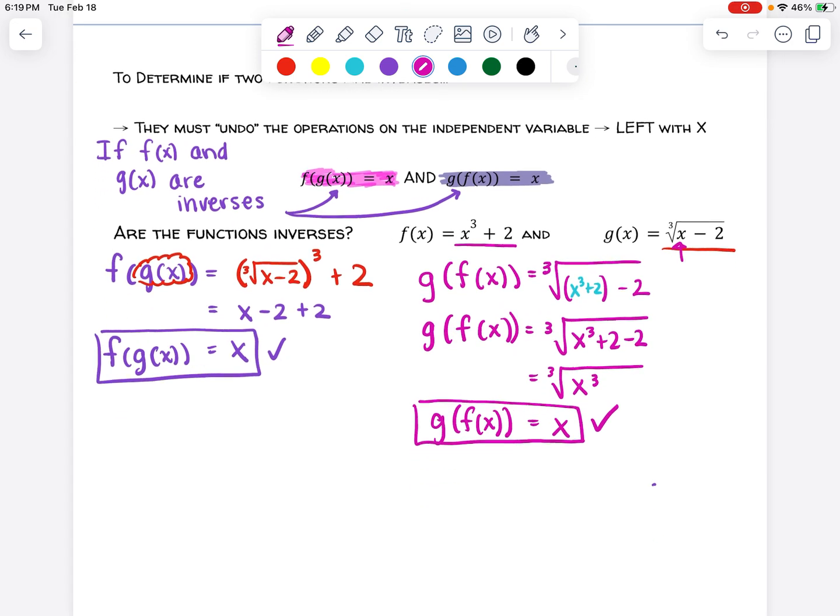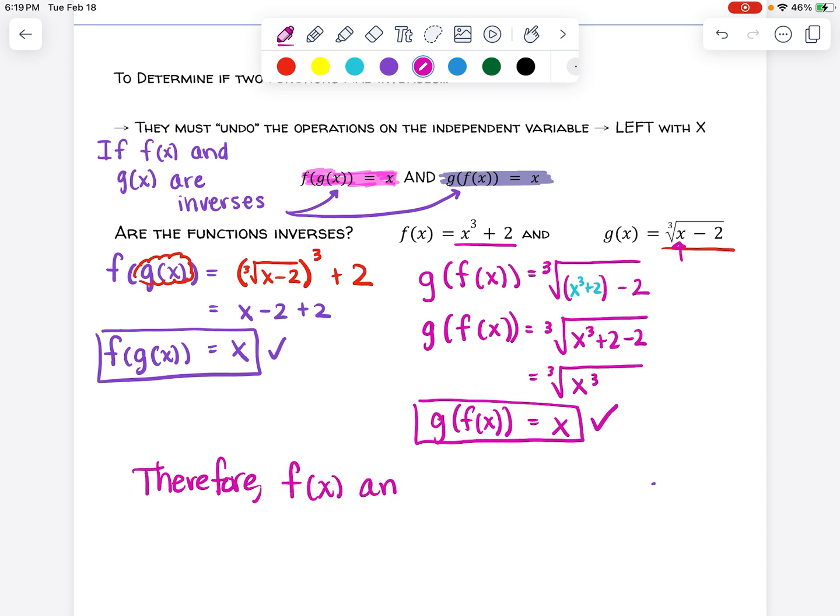So what I can say, my conclusion is, therefore, f of x and g of x are inverses.